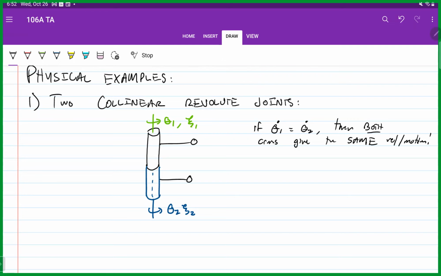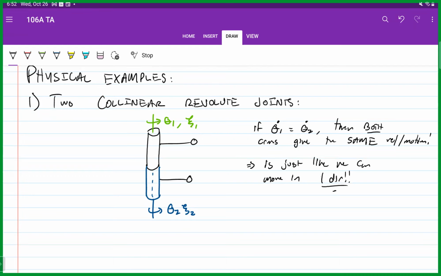So if these two axes line up with each other, every motion that this robot could have could potentially be in the exact same direction. So instead of having two joints that we're moving, we can only move in one direction.